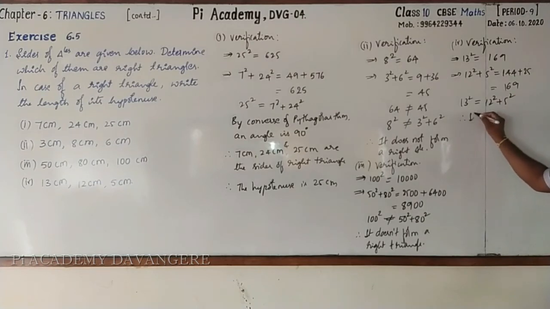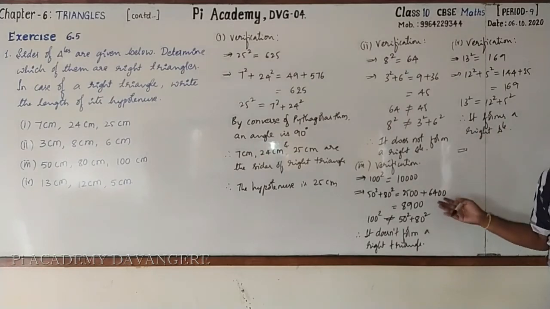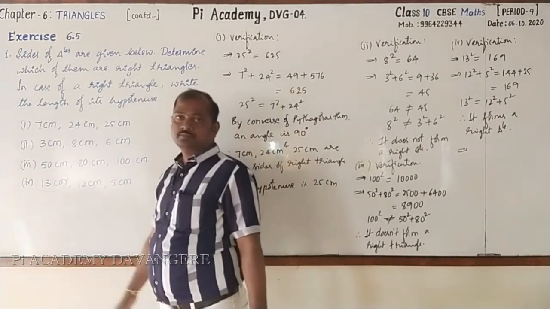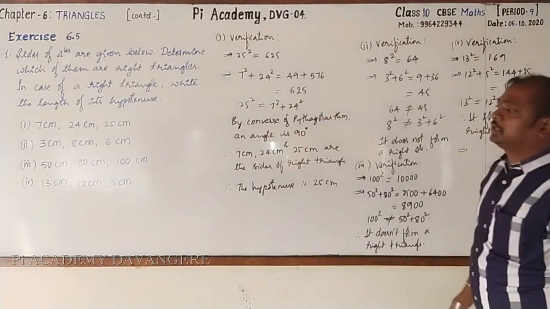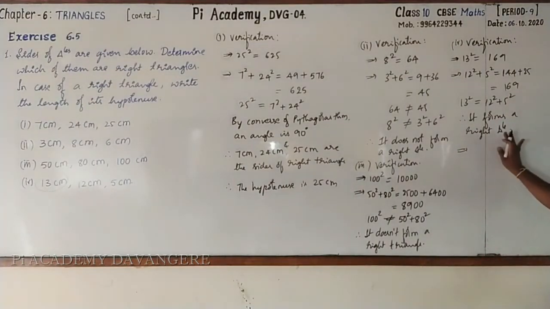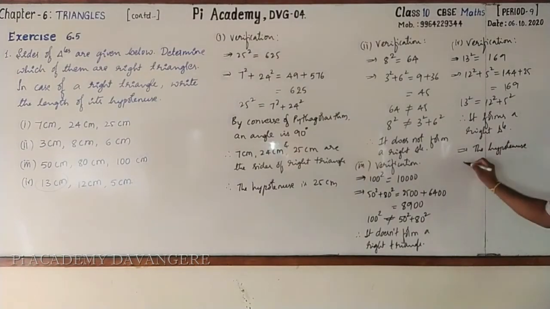So it forms a right triangle. If it is a right angle triangle, which is the hypotenuse? See, 13 centimeter is the hypotenuse. Therefore, the hypotenuse is 13 centimeter.